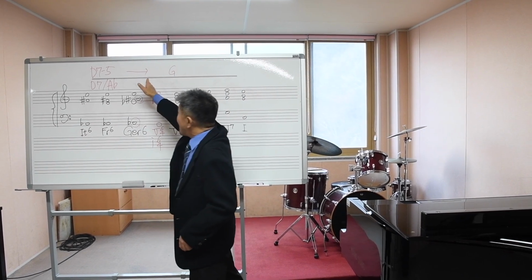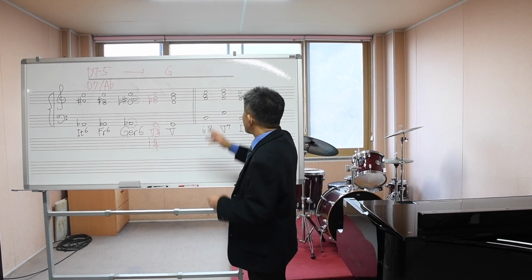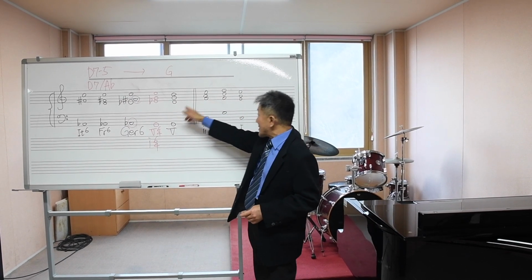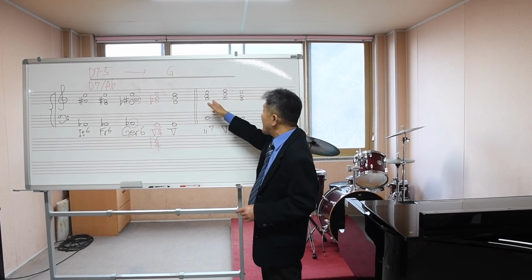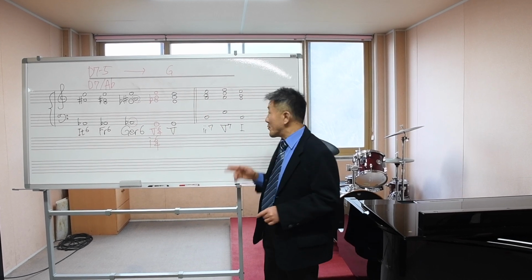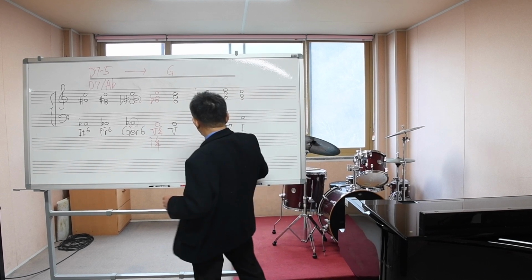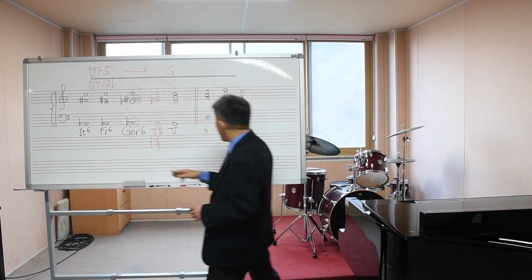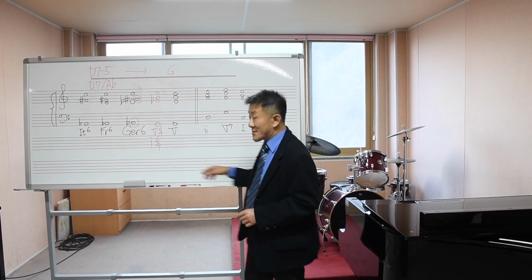So let's leave this for a moment and proceed to the next progression. So here's a rather typical, almost too boring 2-5-1 progression. So a 2 chord, a 5-7, and a tonic.